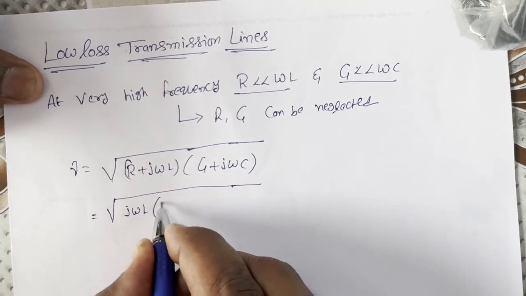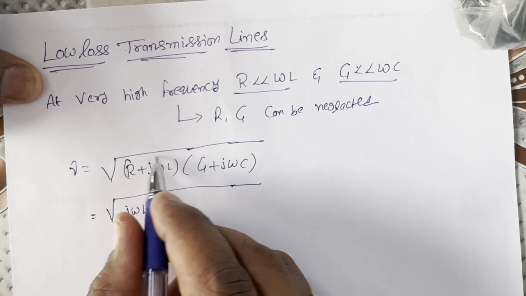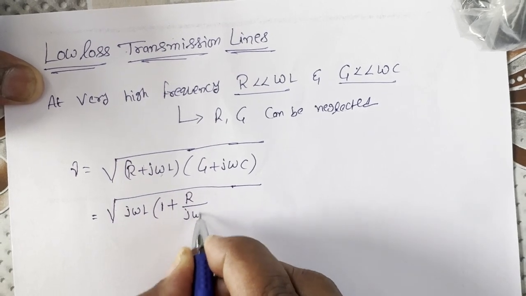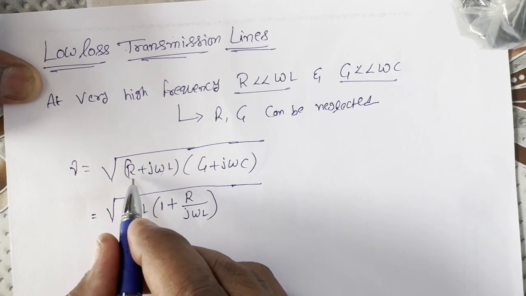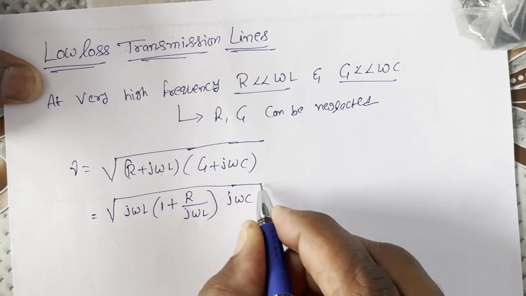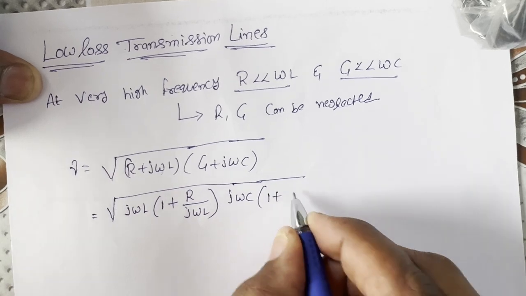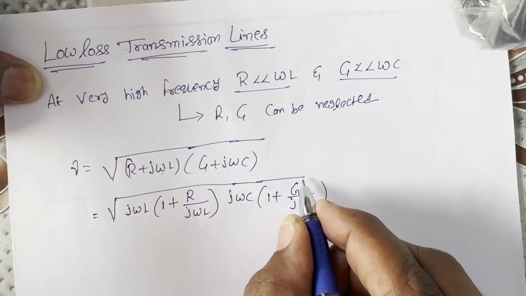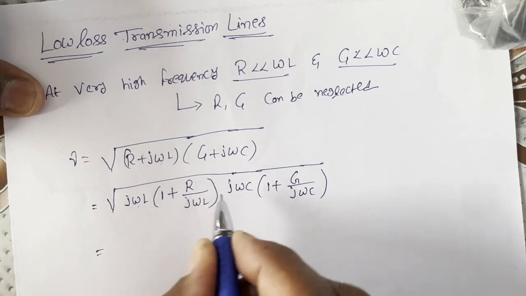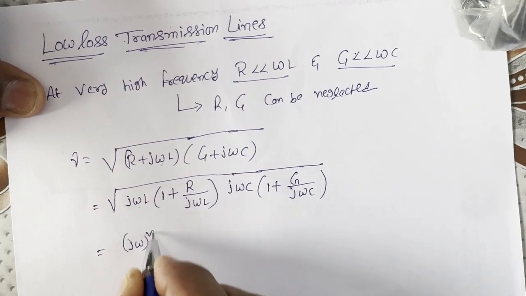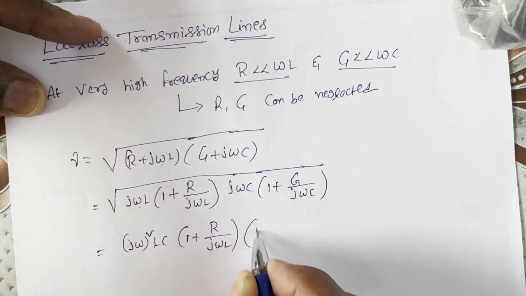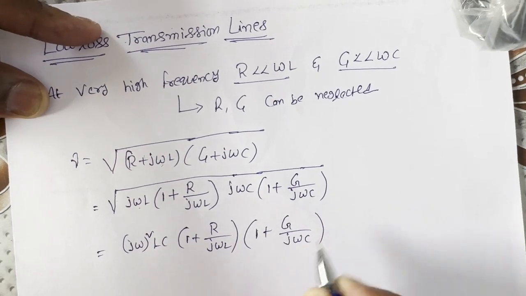Then it will become 1 plus R by j omega L, since there is no component of j omega L otherwise, so within the denominator we are getting j omega L. And here we are taking j omega C as common, so 1 plus G by j omega C. Now with this I am writing (j omega) whole square LC into (1 plus R by j omega L) into (1 plus G by j omega C), square root of.